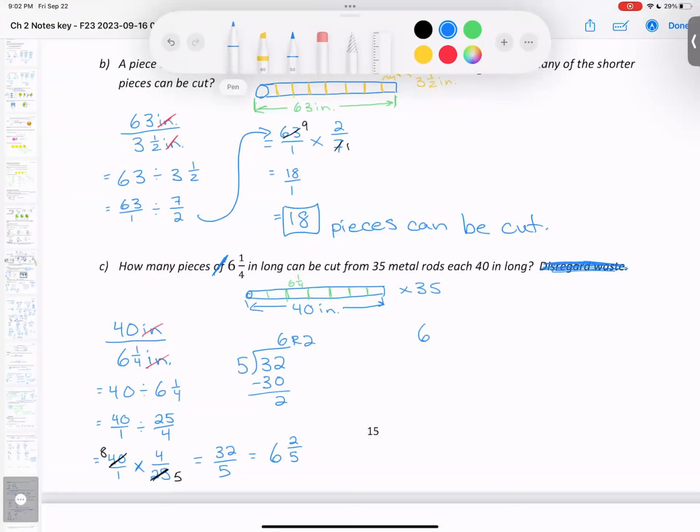So this is 6 pieces times 35 rods. And so let's use our calculators to multiply that out. So 6 times 35. Oops, I did that wrong. Hang on. 6 times 35. And we get 210 pieces can be cut.